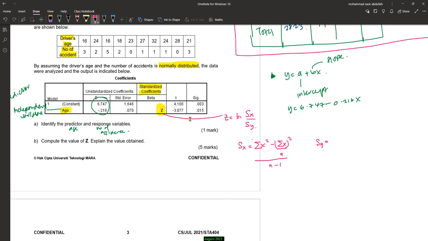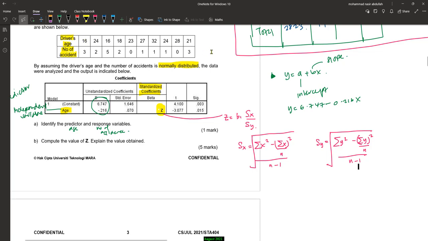So for y, it is the square root of summation of y squared minus summation of y, all squared divided by n, everything divided by n minus 1. Calculating the standard deviation is easy.